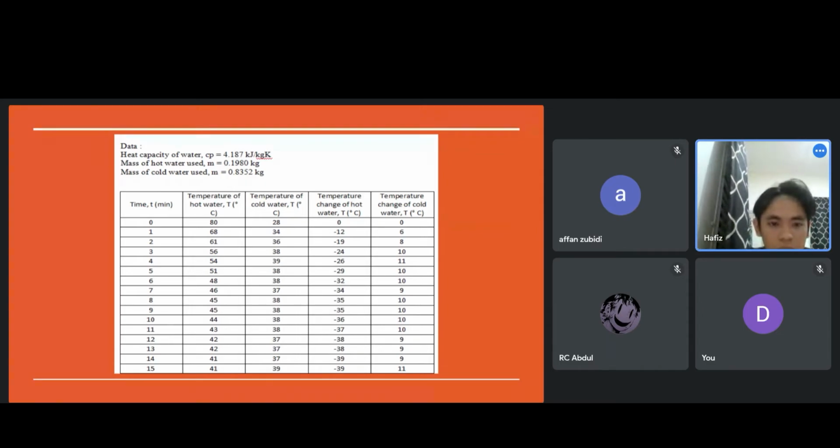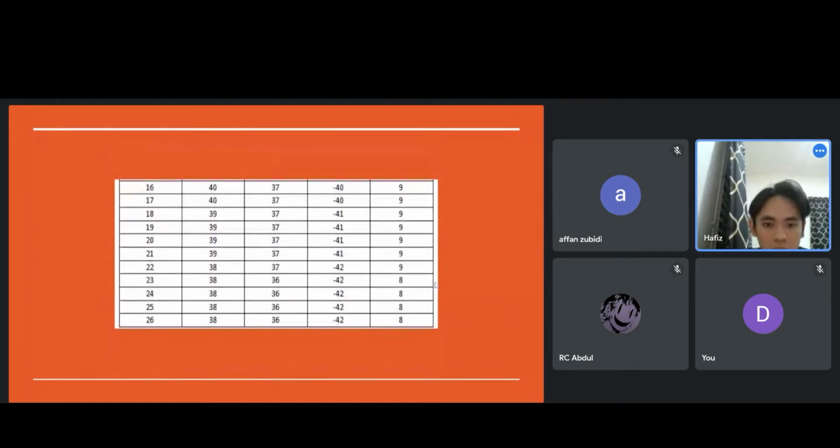The time given is 0 until 26 minutes. So we need to calculate the temperature change of hot water and temperature change of cold water. So these are the results.